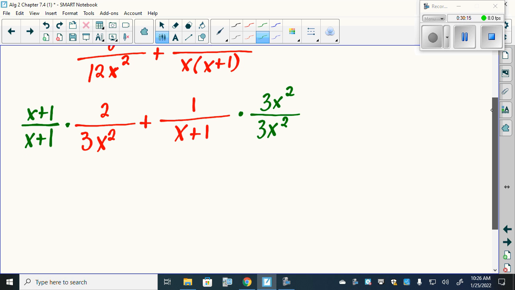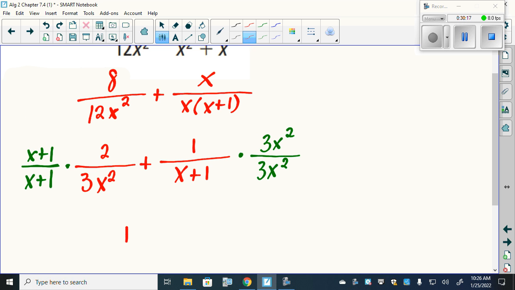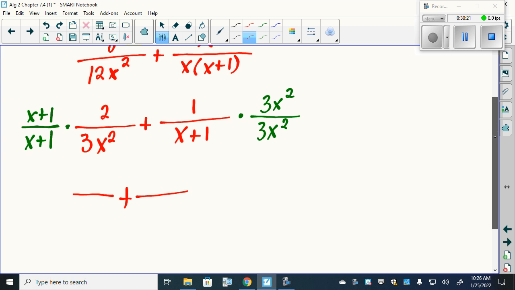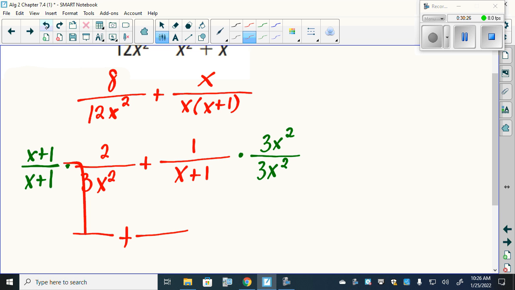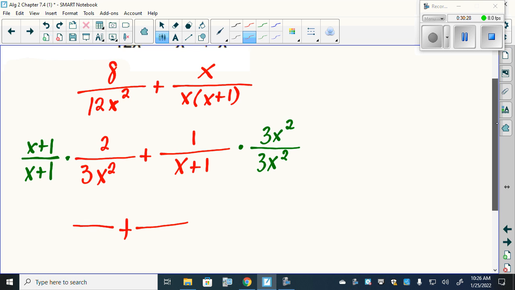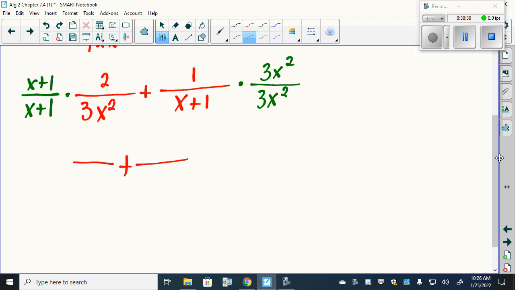Now all we have to do is multiply the numerators and denominators with these here. So for the one on the left, when we multiply the 2 by the two terms, 2 times x would be 2x, plus 2.